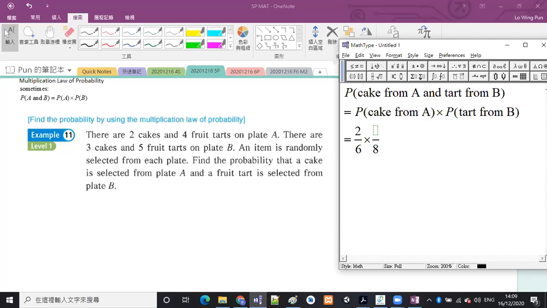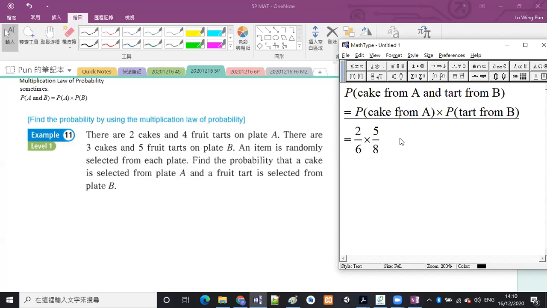So the denominator should be equal to 8. And among the 8 items, how many of them can satisfy this requirement, which is a fruit tart from plate B? Just read the sentence. We will see that there are 5 fruit tarts, which means that 5 out of 8 should be satisfying this requirement.